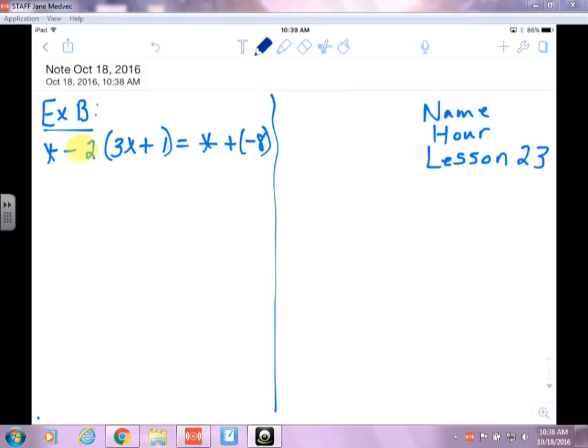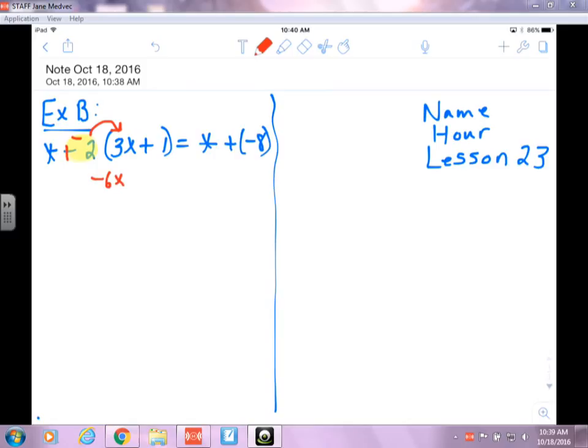What you're going to do is take that negative there and do a chop-chi to it. So you're going to be distributing a negative 2 with the parentheses. So negative 2 times 3x is going to give you negative 6x. How did I get that? Well, negative 2 times 3 is negative 6, and the x comes along for the ride.